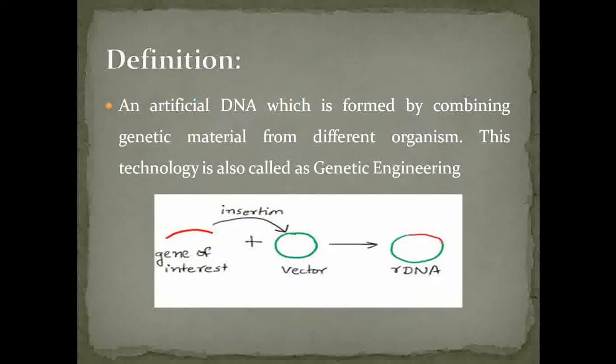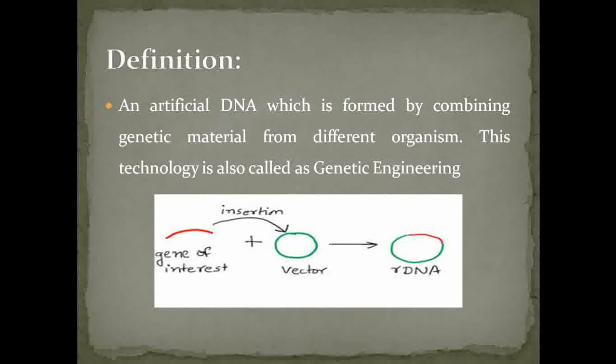So we see the definition of recombinant DNA. Recombinant DNA is an artificial DNA which is formed by the combination of genetic material from two different organisms. That's why I will give you the example of pearls.